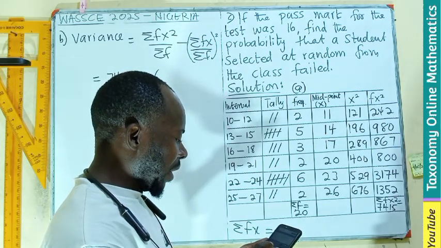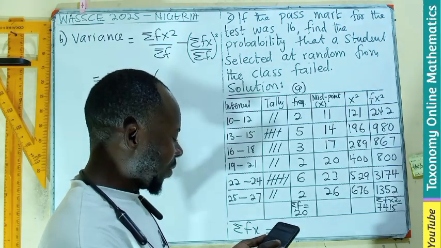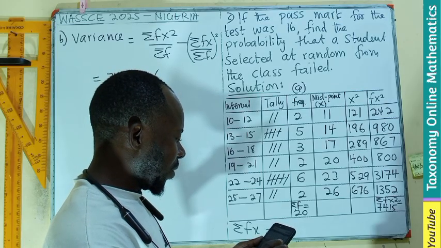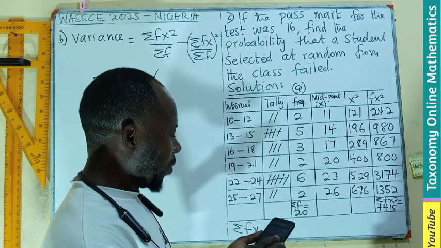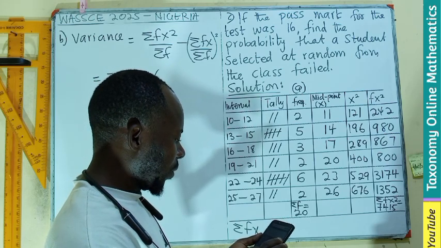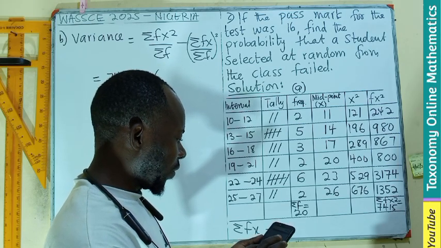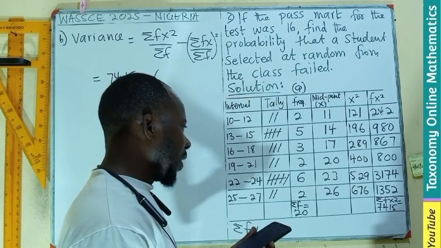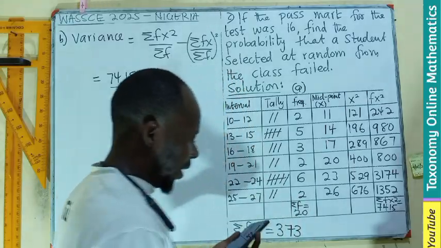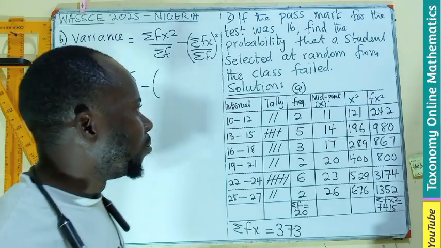2 times 11, plus 5 times 14, plus 3 times 17, plus 2 times 20, plus 6 times 23, plus 2 times 26. That will give you a value of 373. That column is supposed to be indicated; I think I missed that out.